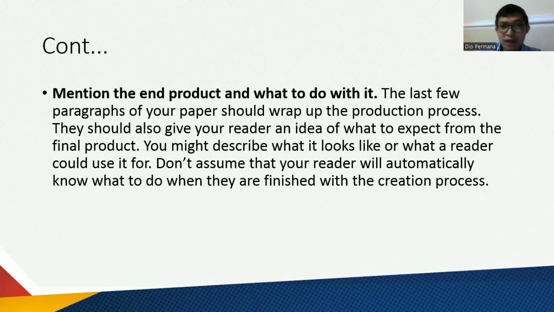The last few paragraphs of your paper should wrap up the production process. They should also give your reader an idea of what to expect from the final product. You might describe what it looked like or what a reader could use it for. Don't assume that your reader will automatically know what to do when they are finished with the creation process.